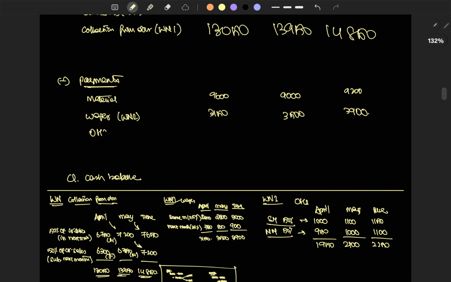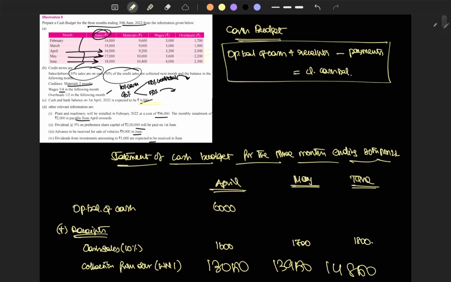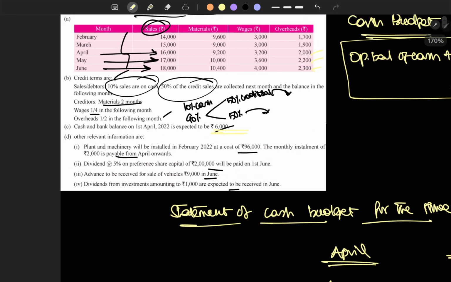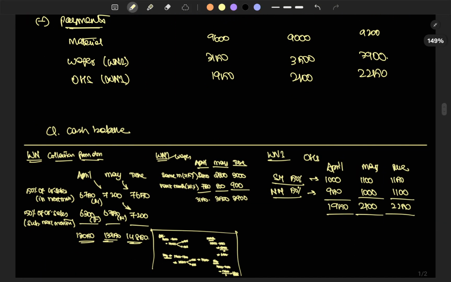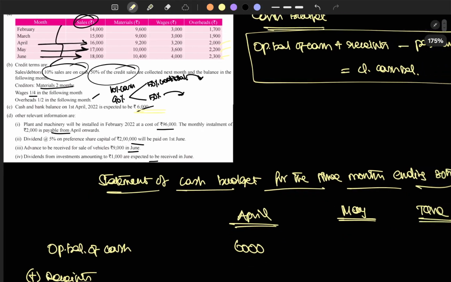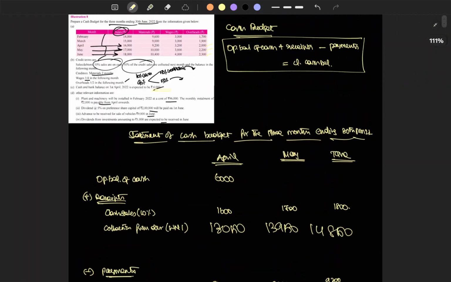Working note 3: 1,950, 2,100, 2,250. Okay, guys, we are done with overheads. I think we have done the calculation of the major parts, and we only need to plug the figures for the remaining things, right?